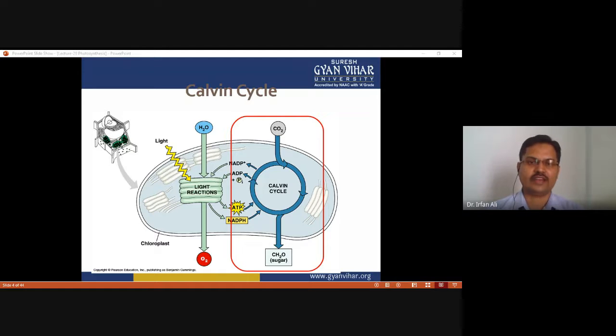You have to see that in the light reaction there is utilization of water molecules and production of oxygen, along with ATP and NADPH. This is linked with the dark reaction, or light independent reaction, that is the Calvin cycle, in which carbon dioxide is fixed and sugar molecules are produced.